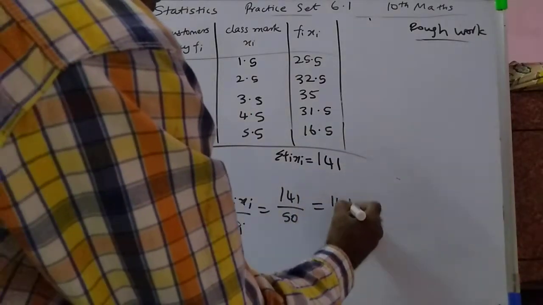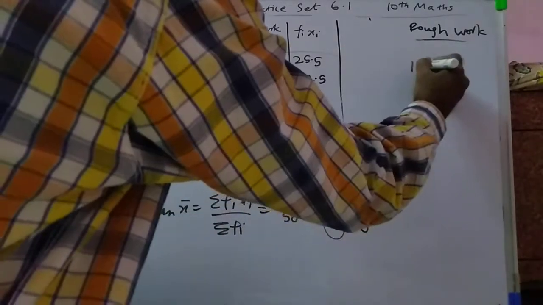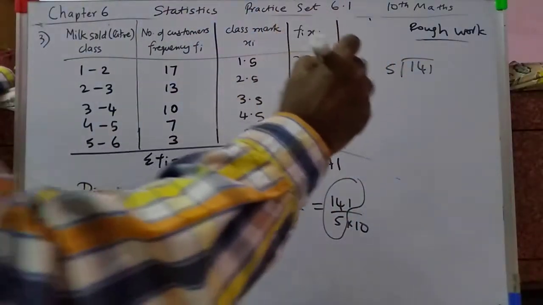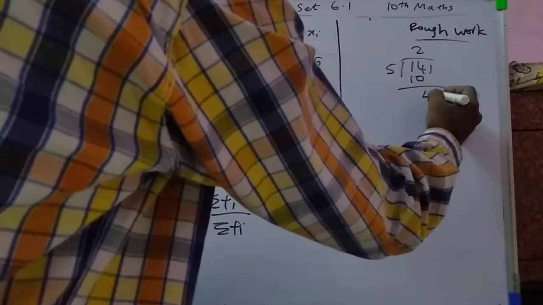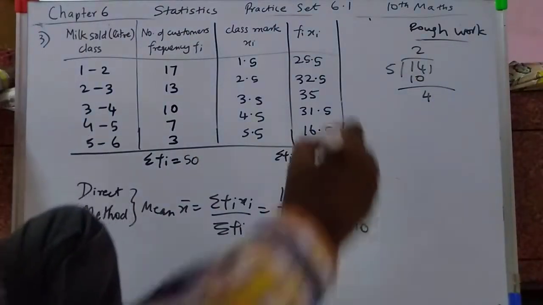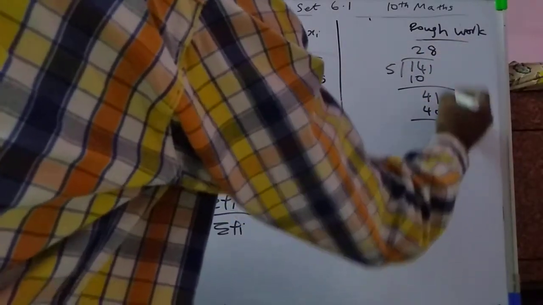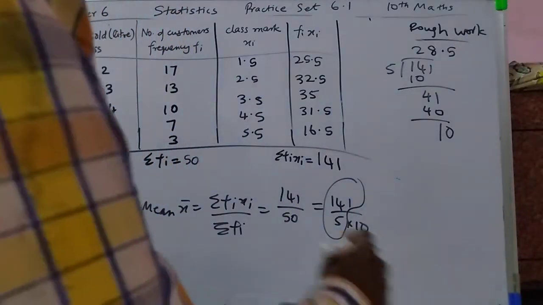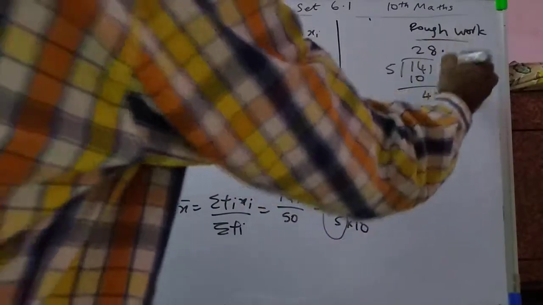That will become 141 upon 5 into 10. Do this, 141 upon 5. How much? 5 into 2, 10, and then 1 comes down. 5 into 2, 10.